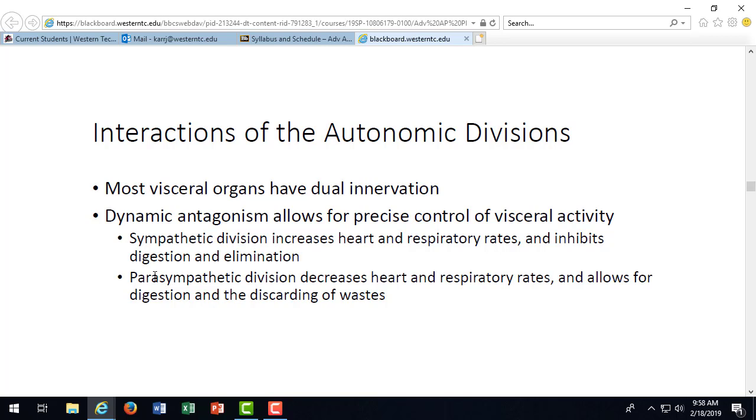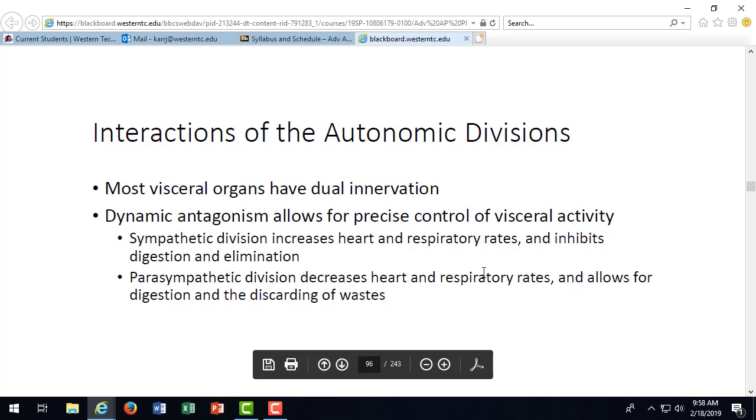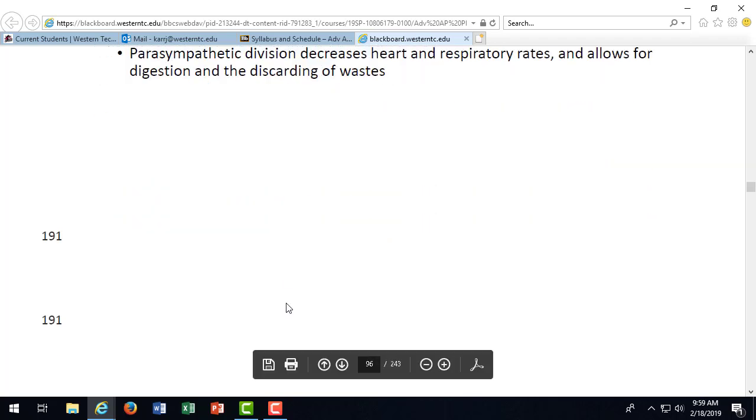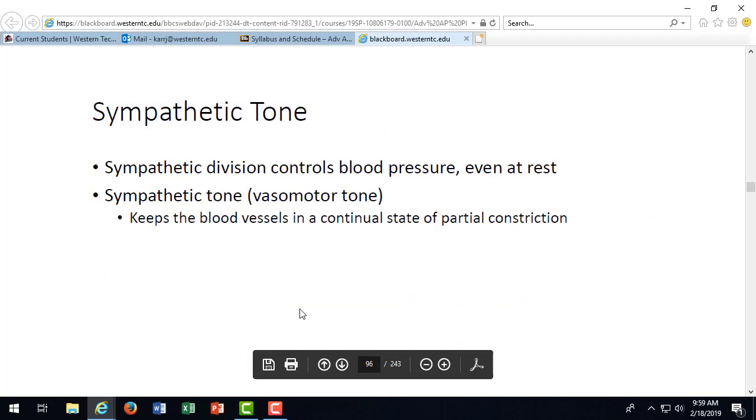No urination, no bowel movements, because that's not the rest and digest. And with the parasympathetic, we're going to see lower heart rates, lower respiratory rates, but digestion and elimination will be improved if parasympathetic neurons are dominating.